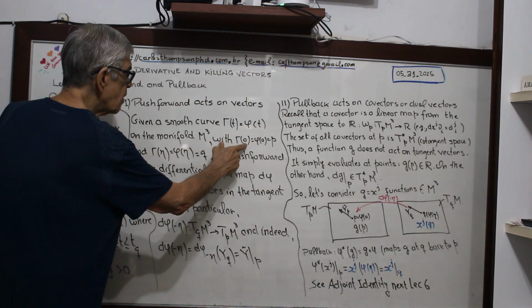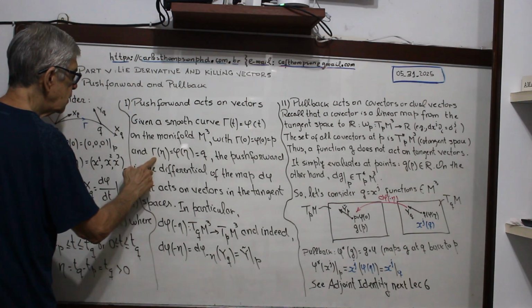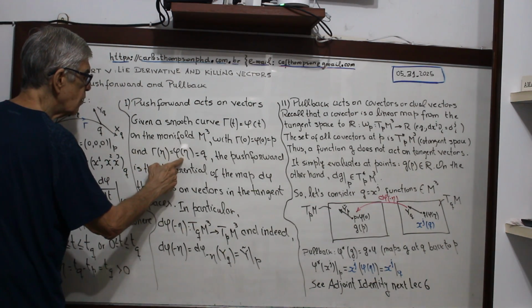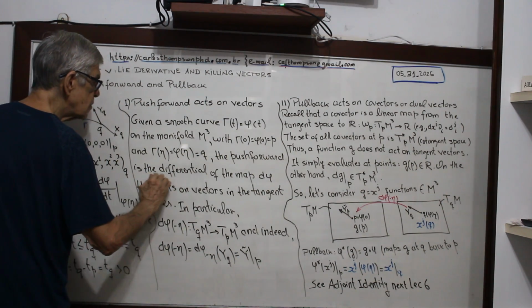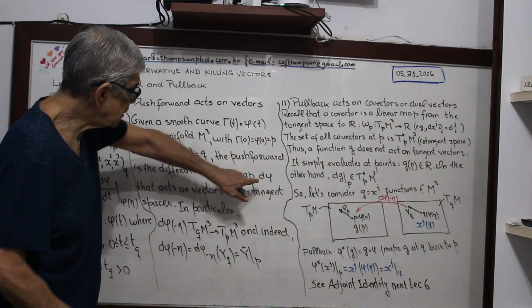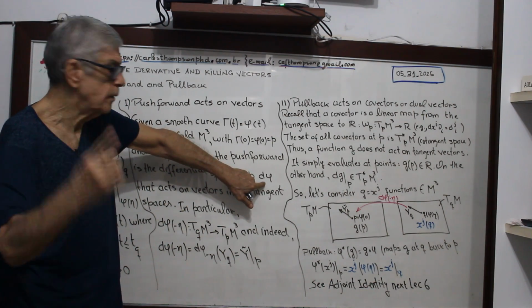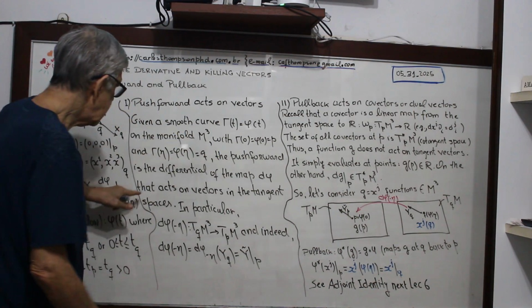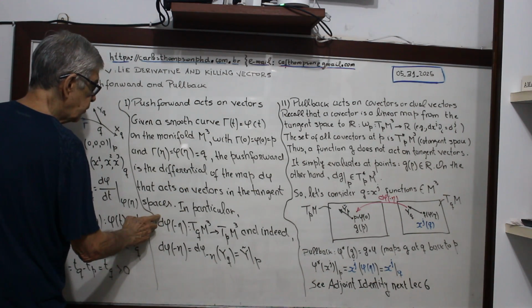With gamma of 0 there's a point P, and gamma of eta, which is phi of eta, is this point Q. The push forward is the differential of the map, d phi. This is a one-form, d phi, that acts on vectors in the tangent space.